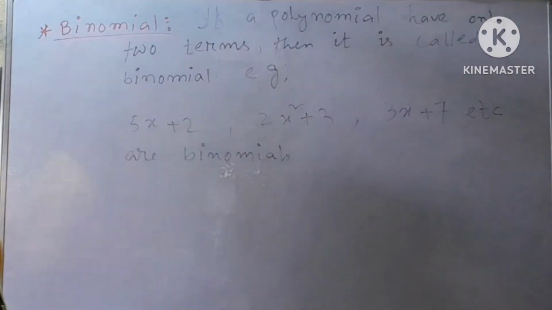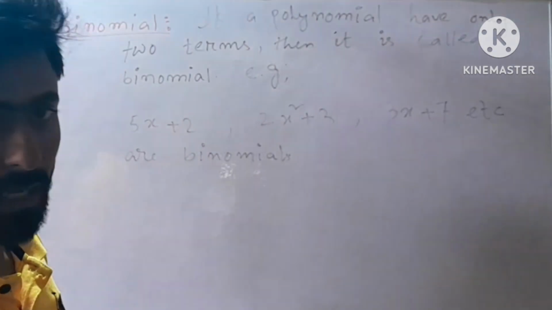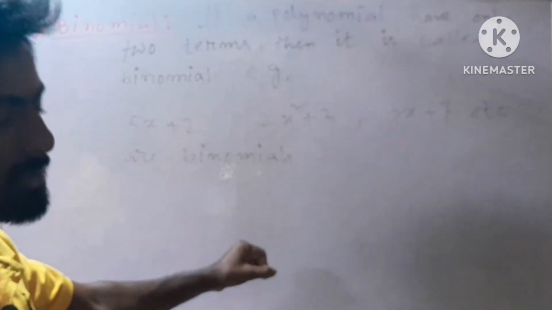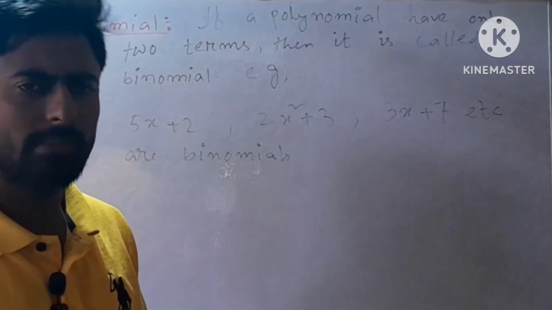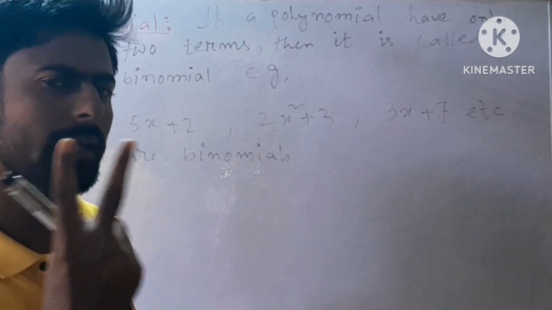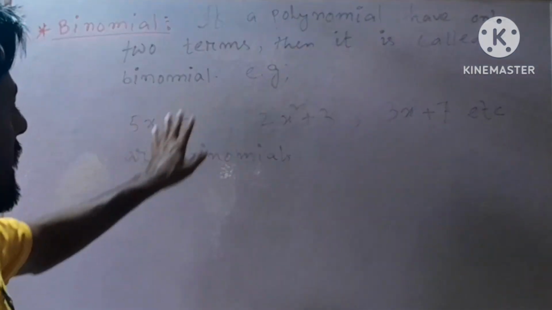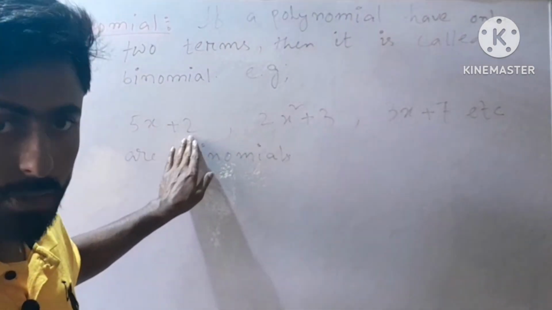Next, what is binomial? Binomial means if a polynomial has only two terms, then it will be a binomial. Binomial is also a polynomial, but in this case we have only two terms. So here some examples are given. 5x plus 2, here two terms.